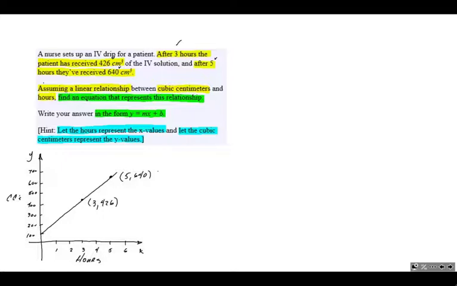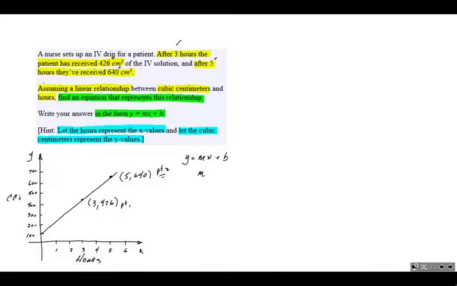And we can call this point 2 and point 1, which would give us an x2 and a y2 for point 2, and an x1 and a y1 for point 1. So let's go ahead and recall that we want to solve this in the form y equals mx plus b, the equation of a line.